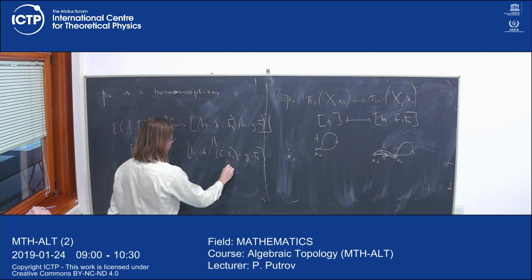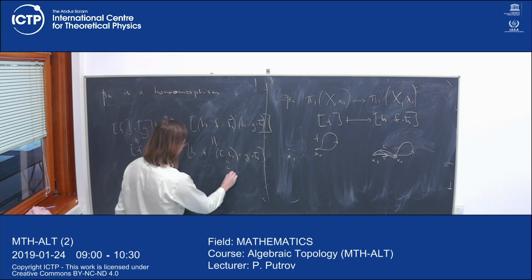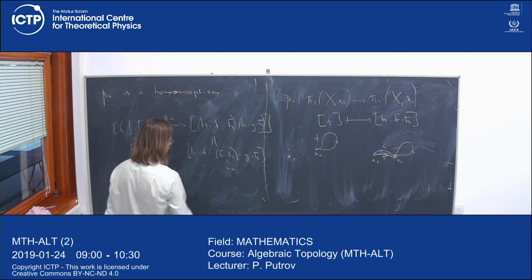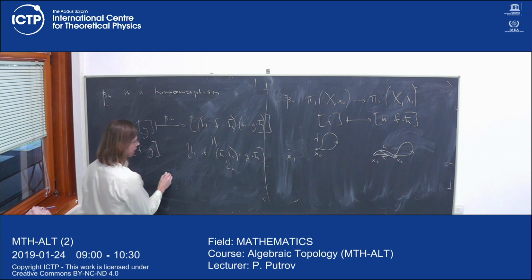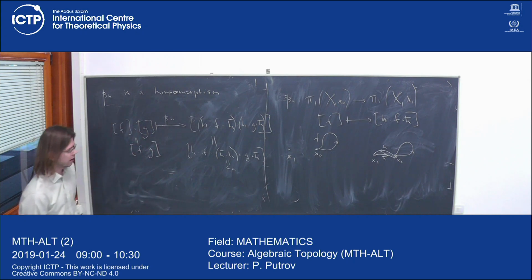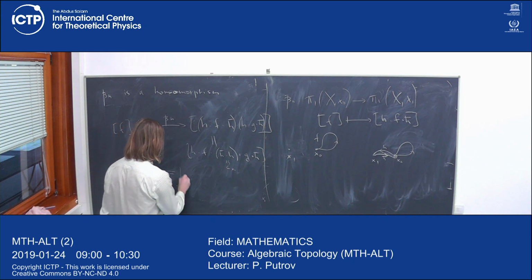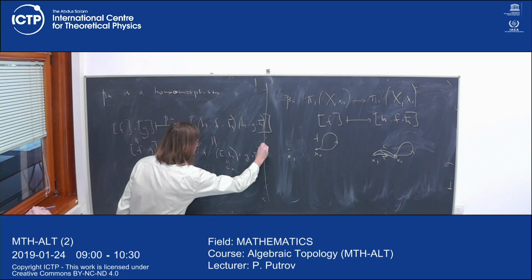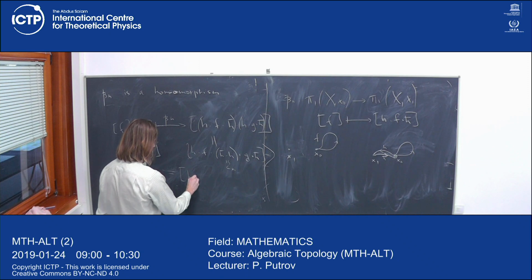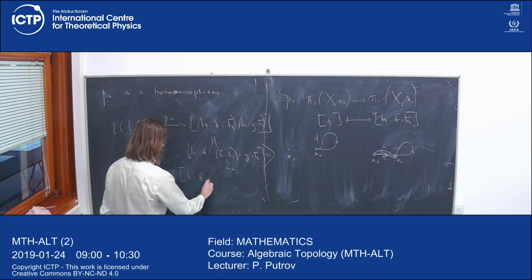And since this is homotopic to a constant path at x0, we can replace it by our trivial path. So I continue with this chain of equalities, and we end up with this.